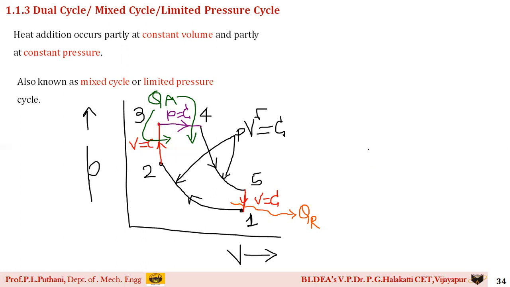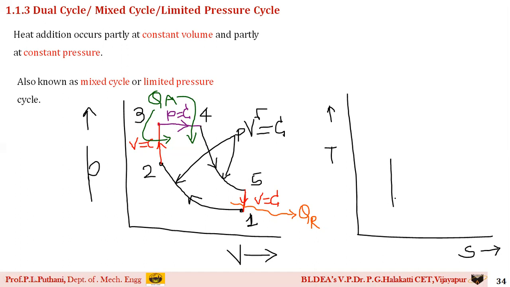Similarly, if I represent my temperature entropy diagram, it looks somewhat like this. Please observe here: this is the vertical axis temperature, and the horizontal axis entropy. Now, the 1 to 2 process, students, is an isentropic compression process. So it was like this, 1, this is 2. 2 to 3 is heat addition at constant volume, partly.